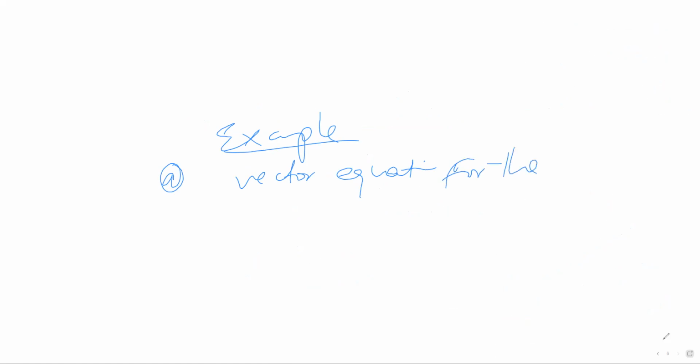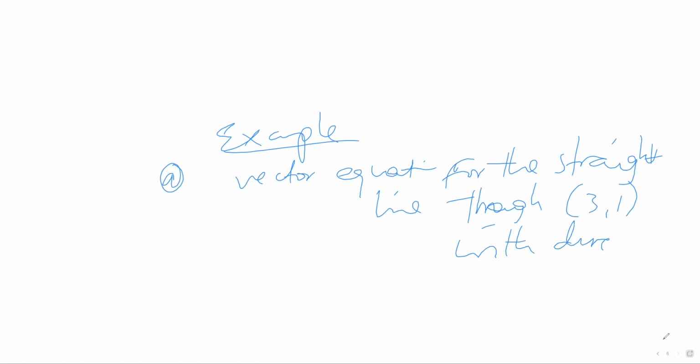An example would be: we want to write a vector equation of a straight line through (3, 1) with direction vector (4, -2).